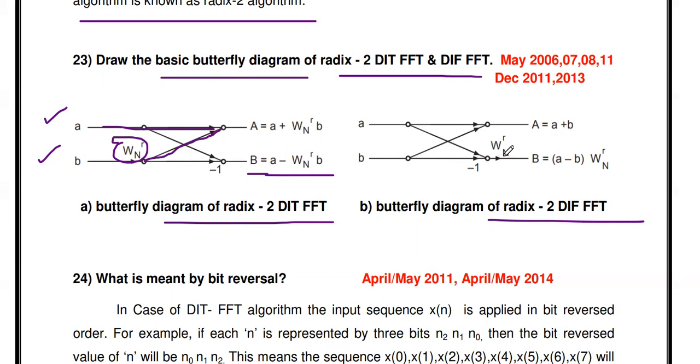So you see, here capital A equals small a plus small b, and capital B is equal to (a minus b) into Wn power r. So this output is different. In the DIT algorithm and in the DIF algorithm, the capital A and B values are different. So this is the basic butterfly diagram used in the DIT algorithm and DIF algorithm.